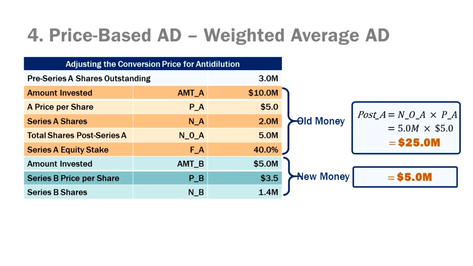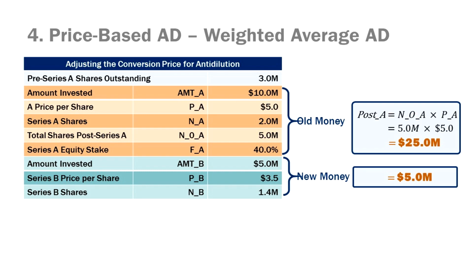Now let's consider the alternative, weighted average anti-dilution. Rather than the new conversion price equaling the round B price, the conversion price will be between the original Series A price, $5, and $3.50 per share, the Series B round price.